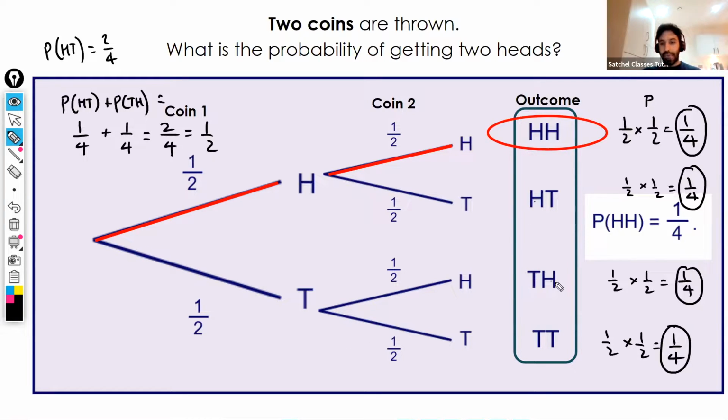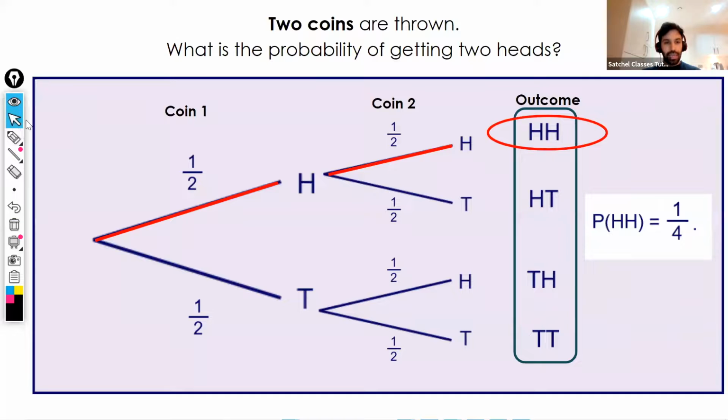So heads tails or tails heads, that's going to be a quarter plus a quarter. So we add the probabilities in these cases. However, if we're going across the branches, we multiply the probabilities.